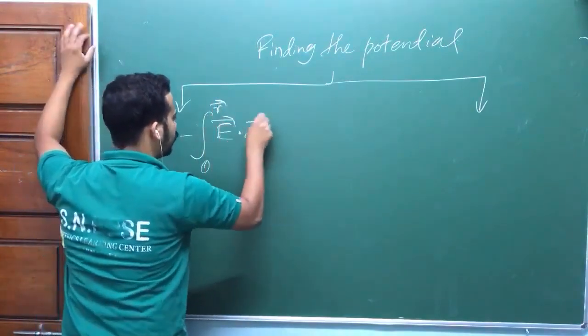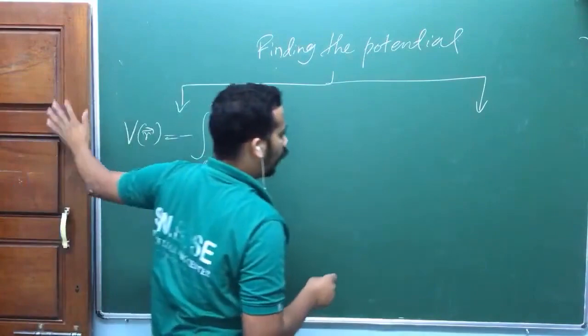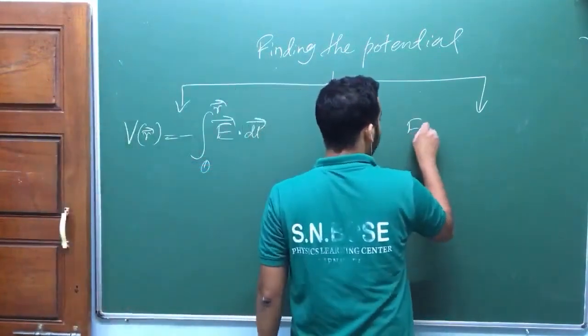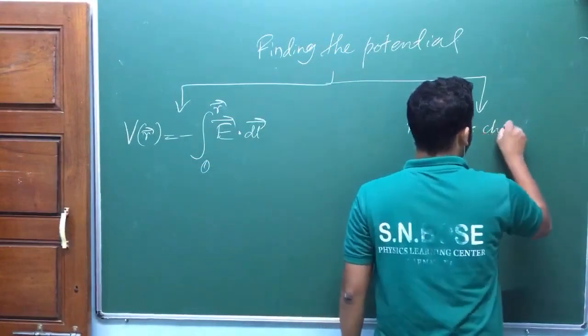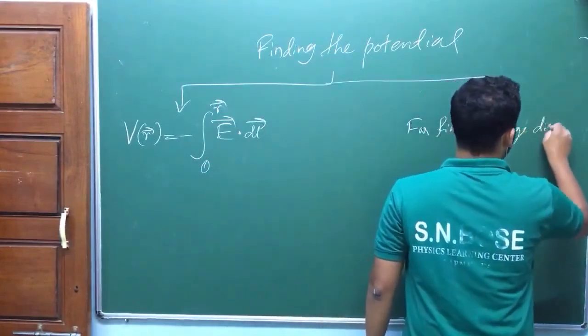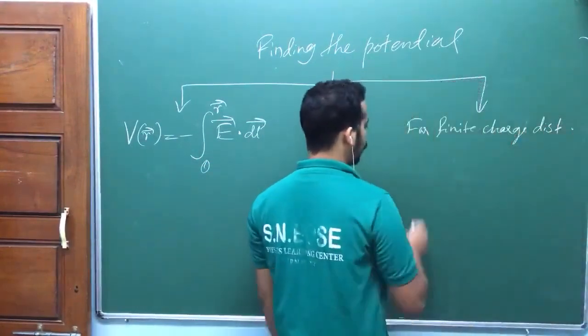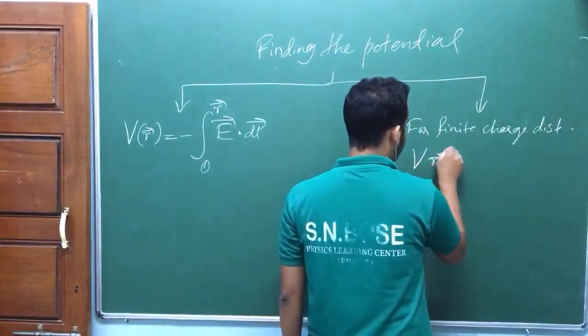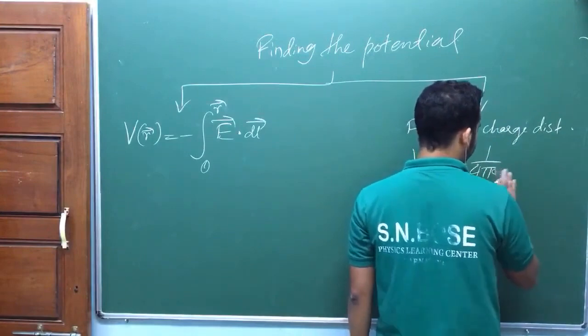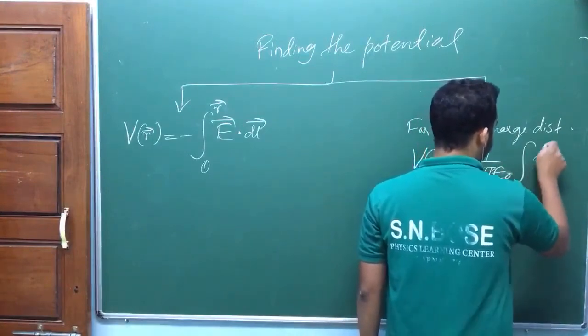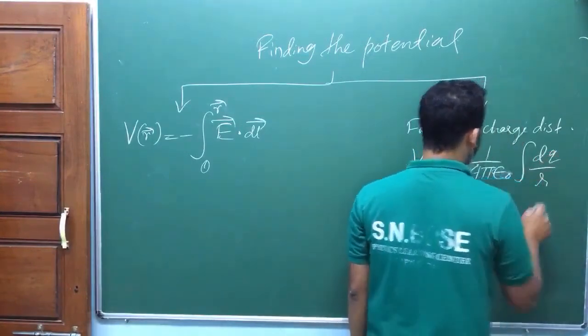This is one way of defining the potential. The other, for finite charge distribution only, is potential at R equal to 1 by 4 pi epsilon naught times the integral of dq divided by script R.